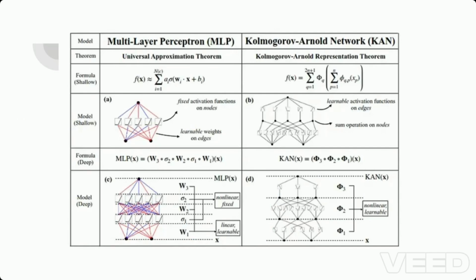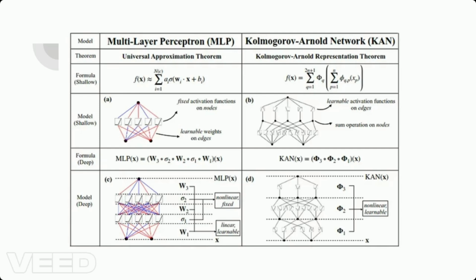So moving on to the Kolmogorov-Arnold networks, or KANs for short. KANs are a class of neural networks which were inspired by the Kolmogorov-Arnold representation theorem.